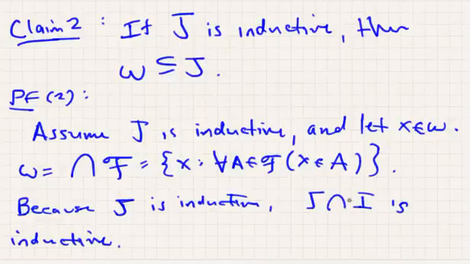And why do we know this? Well, {I, J} is going to be a set by pairing, and that's a non-empty set, so we can take its intersection. And that's precisely what this is. And we know that this is inductive.